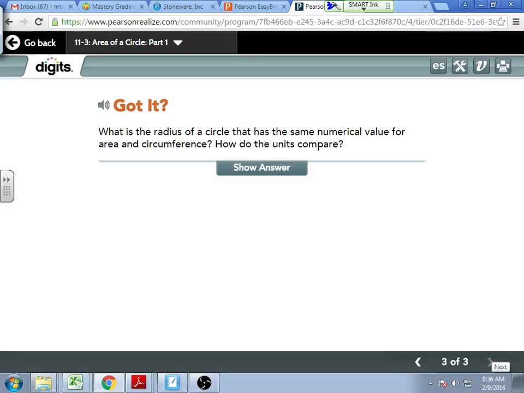Now here's a really interesting question. What is the radius of a circle whose area and circumference have the same numerical value? So it's saying they have the same numeric value, not that they're equal, because they can't be equal. One is length and one is area. But if the area was equal to the circumference numerically, well, area is pi times the radius squared.